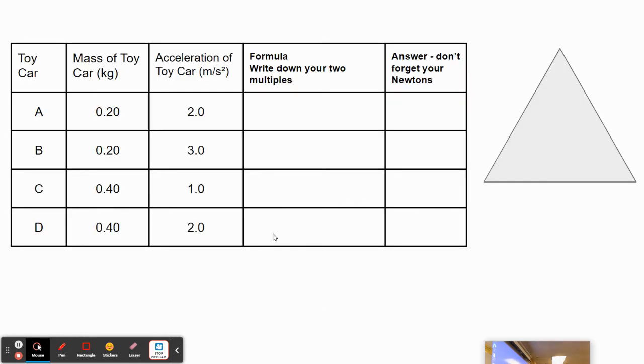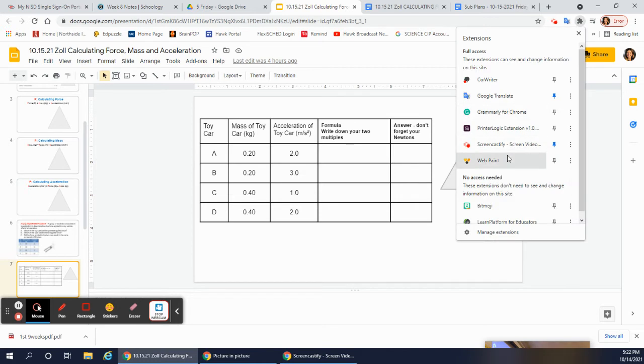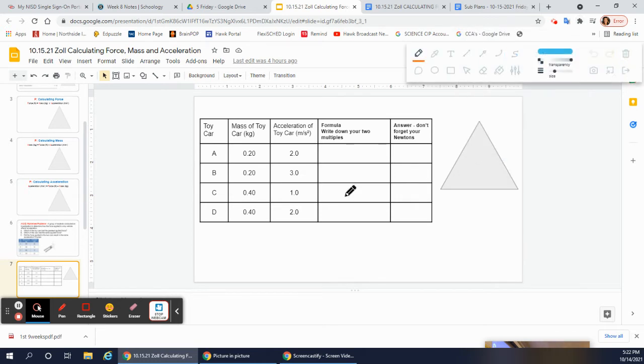This is your setup. So I'm going to help you out with that. I'm going to minimize here and grab some web paint. Okay, so what we want to do is we want to calculate the applied force on each car. So this is what they're giving us. They're giving us the mass, they're giving us the acceleration, and they want us to calculate the applied force on each car.